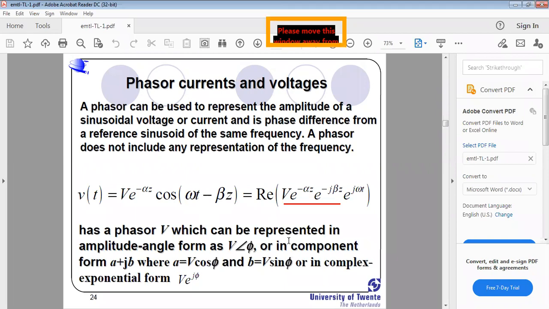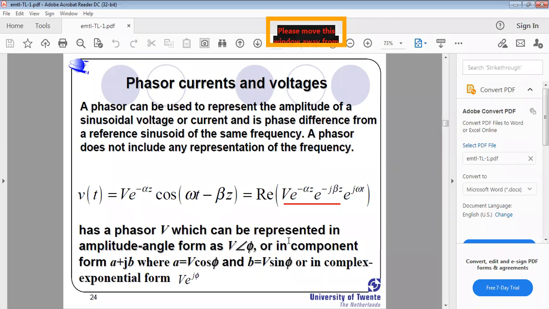See here, v of t equal to V into e power minus alpha z cos of omega t minus beta z is the wave with attenuation alpha, represented like this in real form. When we consider cos x, V into e power minus alpha z into cos x, what is the exponential form of cos theta? It is e power j theta plus e power minus j theta by 2, right?